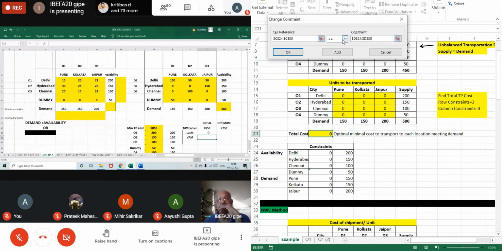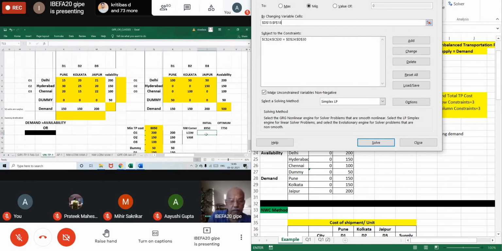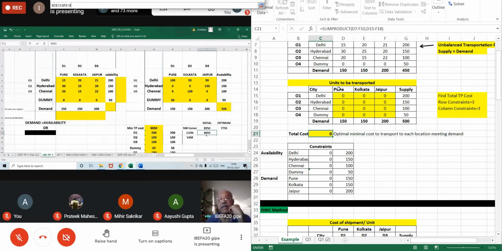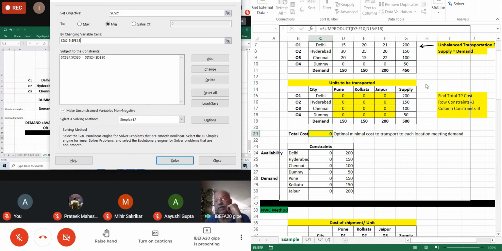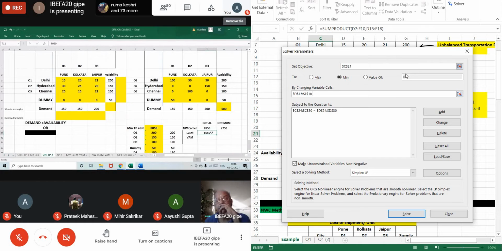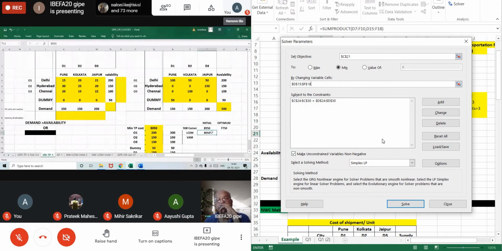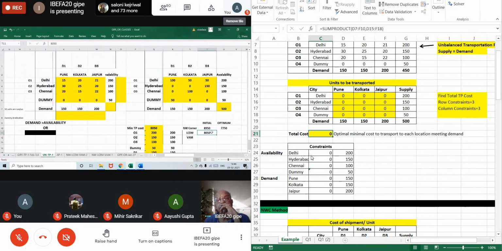Is it clear? So initially, the transportation cost will be 8,050. Let us verify what we will get by solver.